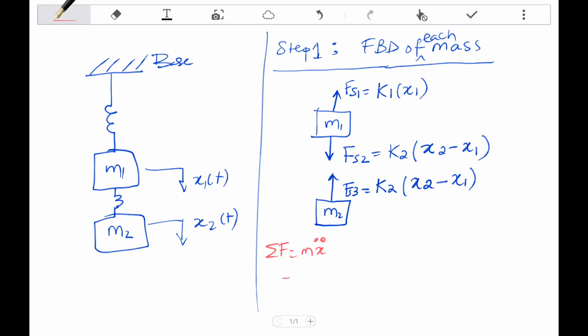So then for mass 1, we're going to set a direction. Downwards is positive. So then negative Fs1, positive Fs2.